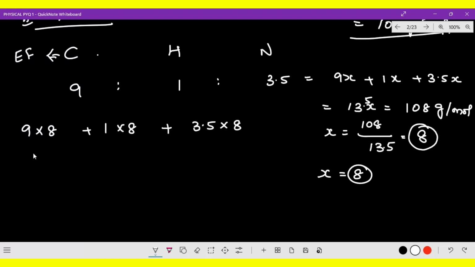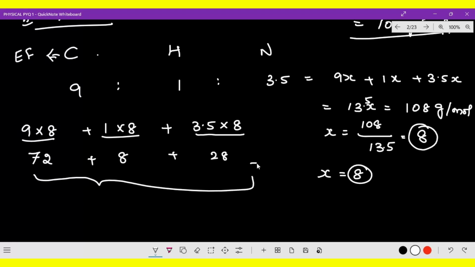How much will you get? 9 eights are 72, plus 1 eight, 8, plus 3.5 into 8, that is 28. So altogether, when you add, how much do you get? 108. Yes, we got it correctly.